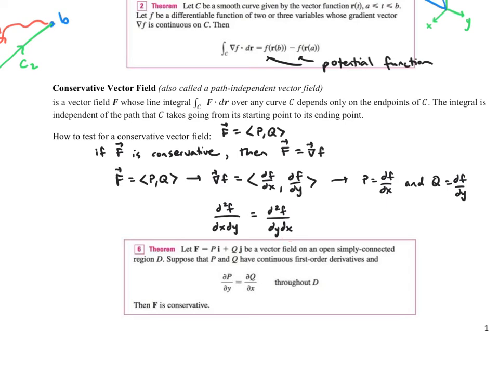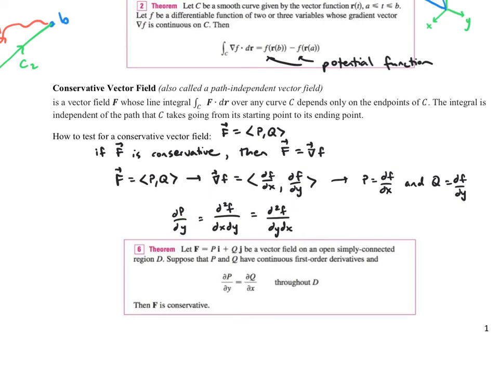If we think about this, the one that we've written over here on the left side is the equivalent of the derivative of p with respect to y. Because if p is equal to the derivative of f with respect to x, then the second derivative taken with respect to x first and then y is going to be the derivative of p with respect to y.